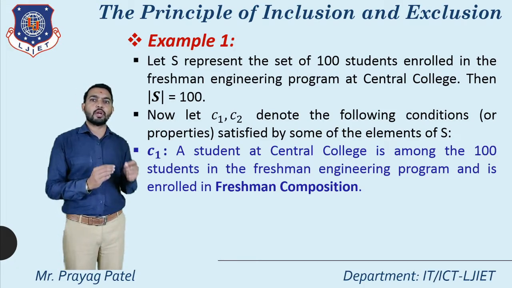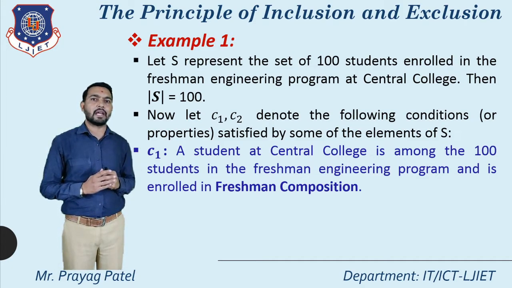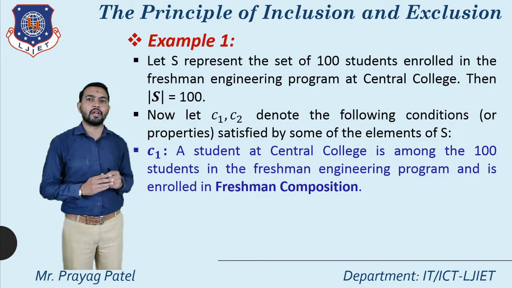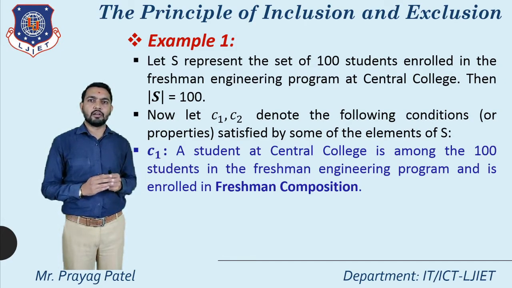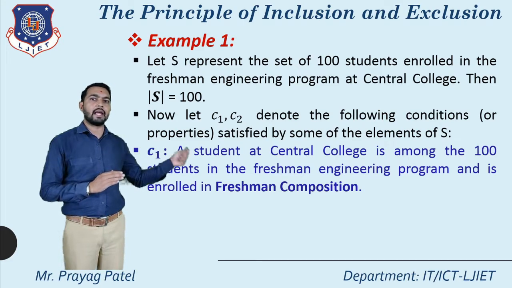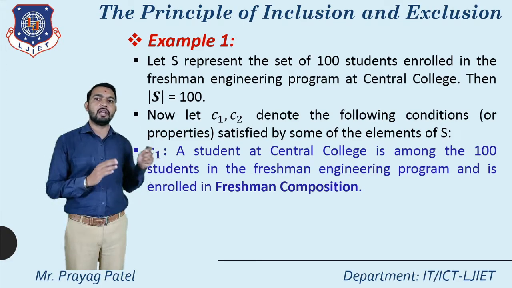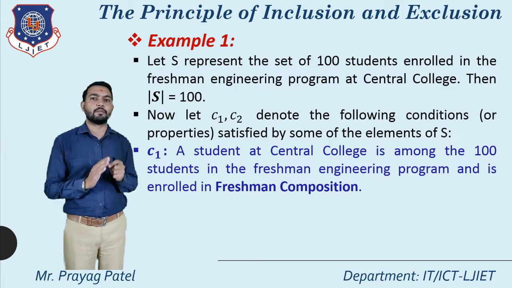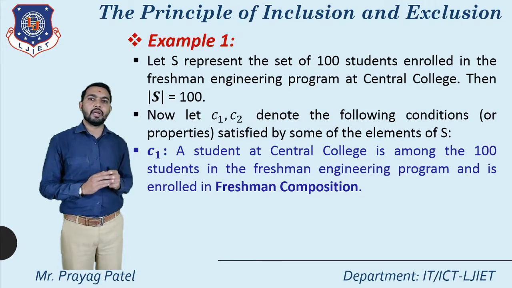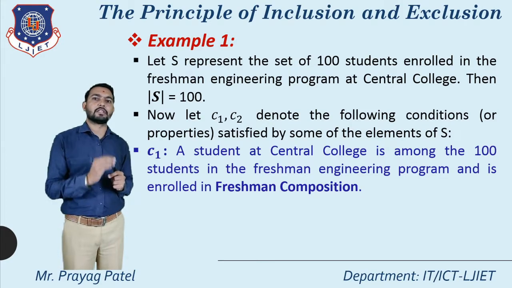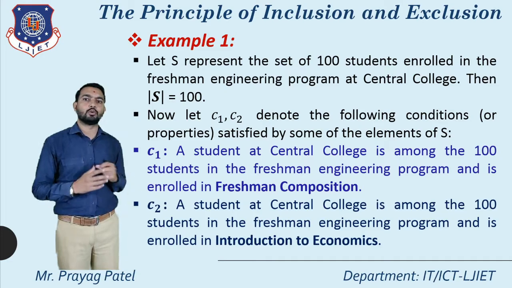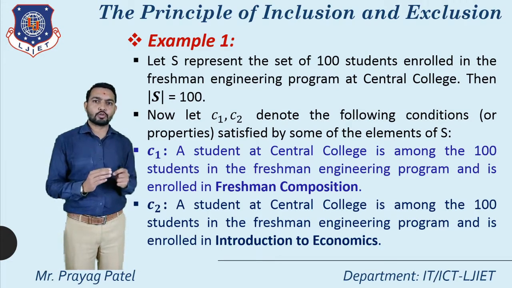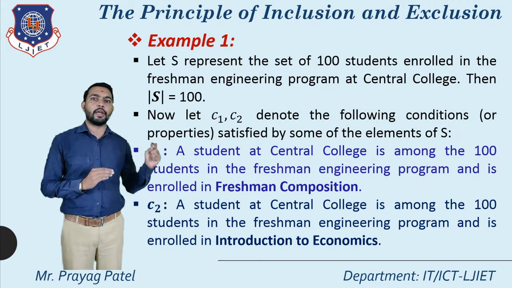C1 means a student at the Central College who is among the 100 students in this freshman engineering program and is enrolled in freshman composition. C2 means a student enrolled in introduction to economics.